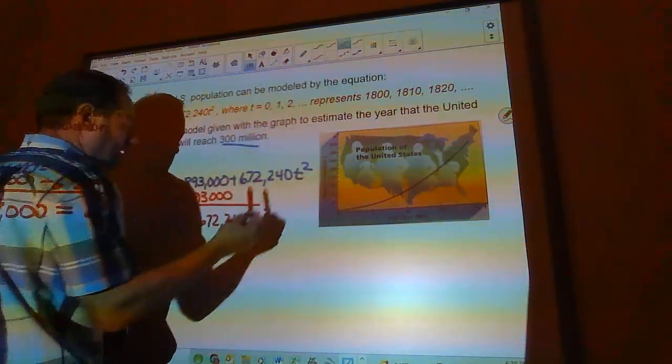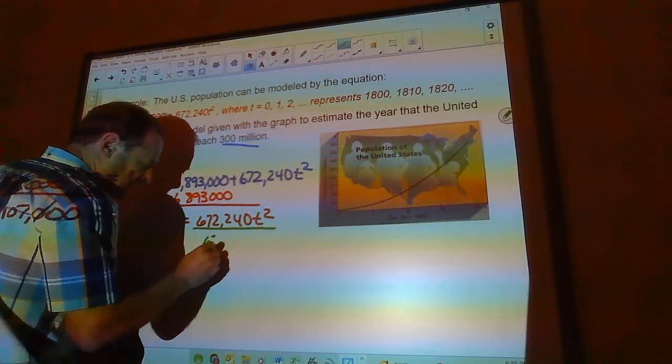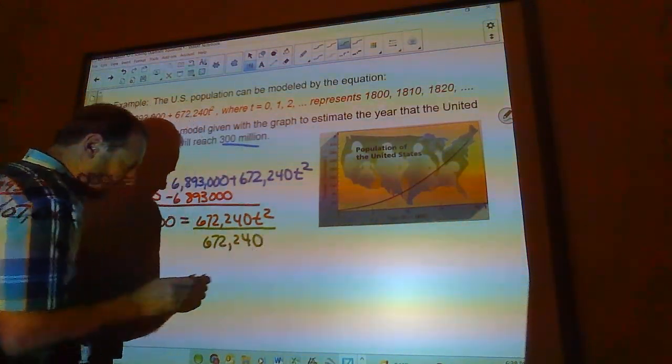Okay, the next thing I'm going to do is divide both sides by 672,240.